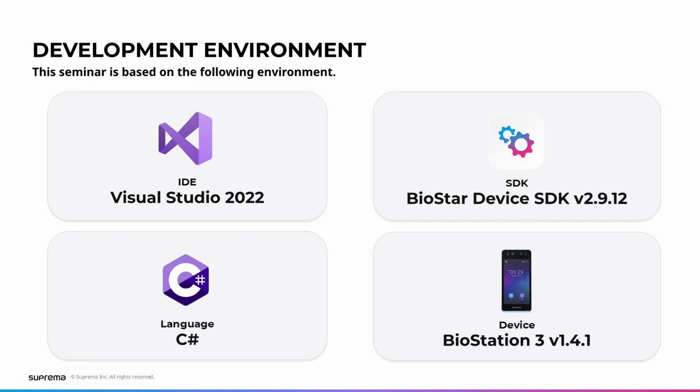Now, before we begin, please note that this seminar is based on the following environment. The examples and demo in this session were prepared and tested under these conditions. The development environment is Visual Studio 2022 with C#. The SDK version used is BioStar Device SDK 2.9.12, and the device used in this session is BioStation 3 with firmware version 1.4.1.